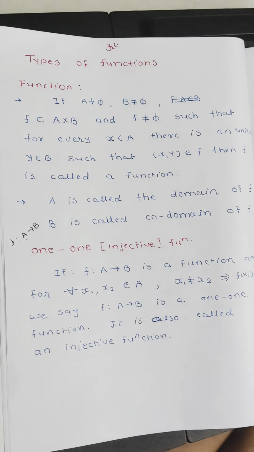Now what is a 1-1 function? There are three types of function, that is 1-1, many-to-one, then onto and not onto.